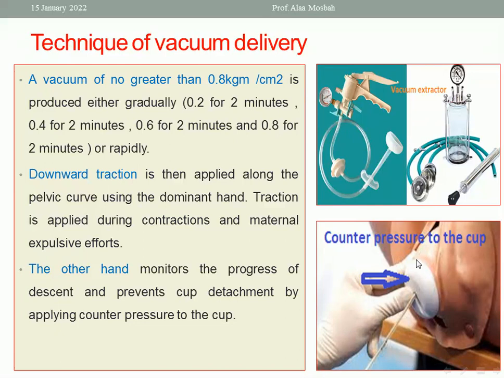While the right hand, if you are right-handed, does traction downward, the left hand does counter pressure to the cup, as you see in this picture.